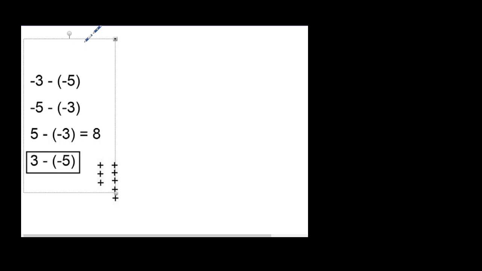And our last one ends up being about the same. If I have 3 and I subtract a negative 5, subtracting a negative 5 is the same as adding a positive 5. And if I have a positive 3 and I add a positive 5 to it, that again is going to give me 8.